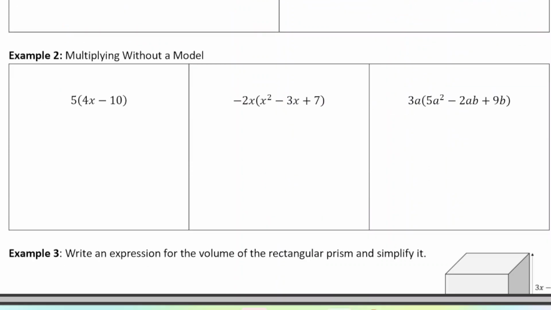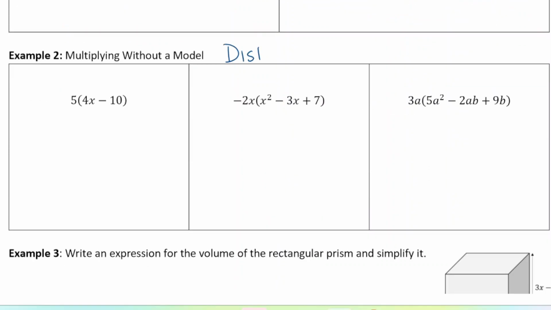Okay, so again, we're doing the distributive property. You've seen this property before in your solving equations units. When we have a term that's multiplying some terms that are inside a bracket, what that bracket is there for is it's saying essentially that this 5 needs to multiply to everything inside the bracket.